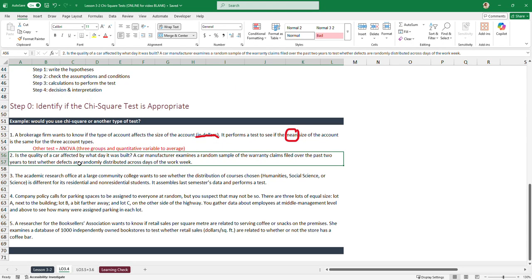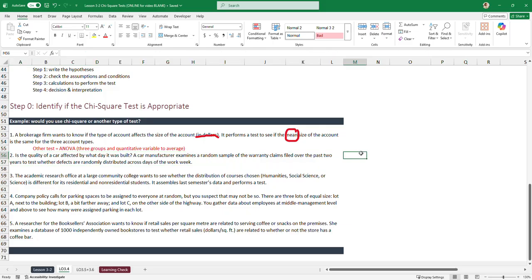The next question says, is the quality of a car affected by what day it was built? A car manufacturer examines a random sample of warranty claims filed over the past 2 years to test whether defects are randomly distributed across days of the work week. So essentially, in this one, if we're looking at days of the work week, we'd have like Monday, Tuesday, Wednesday, Thursday, Friday.